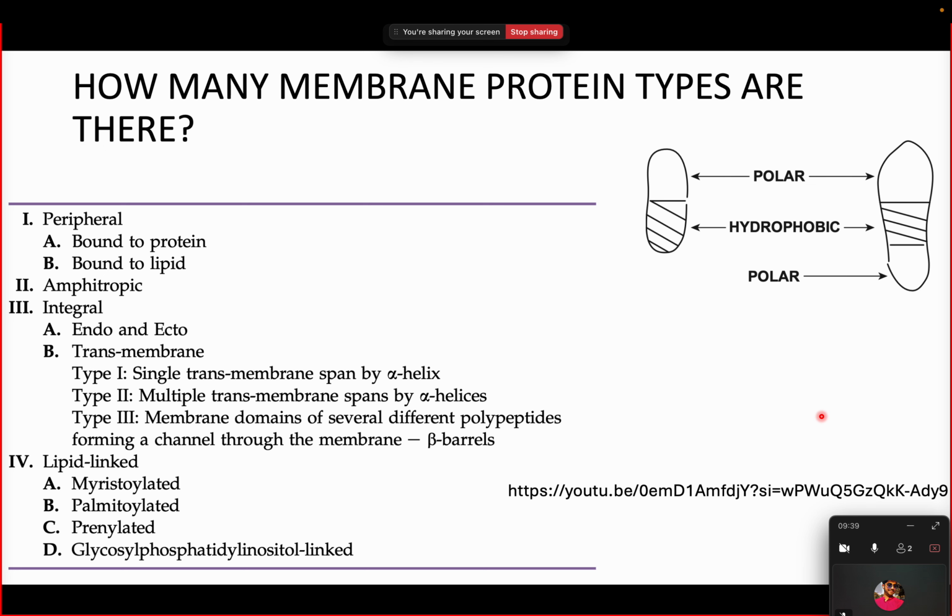So hydropathy profile we have discussed only with respect to the membrane protein. And what hydropathy profile or hydropathy index basically tells is, if there's a stretch of hydrophobic amino acids, maybe 20, 25 or 24, less than 20, 24 amino acids together, the chances are that this protein might be a transmembrane protein, okay, or it will be in the membrane itself.